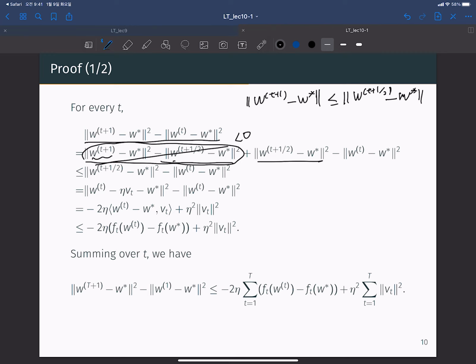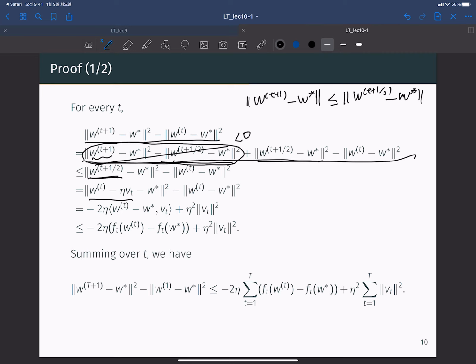Okay, so this is upper bounded by the norm square of w_{t+1/2} minus w star minus the norm square of w_t minus w star. From the definition of online gradient descent and w_{t+1/2}, we can rewrite this term using w_t minus eta v_t.